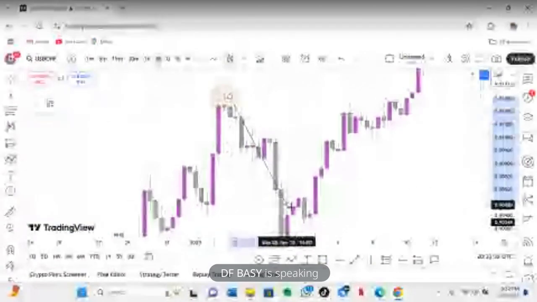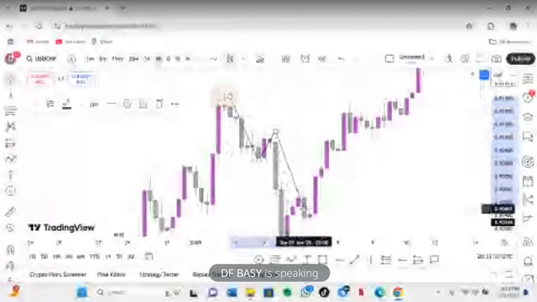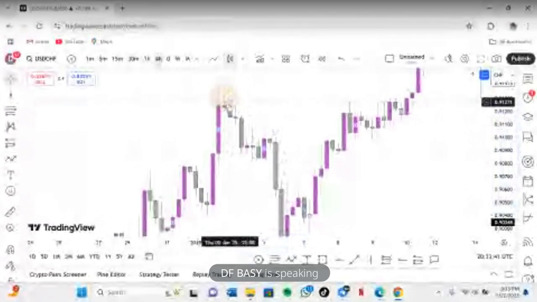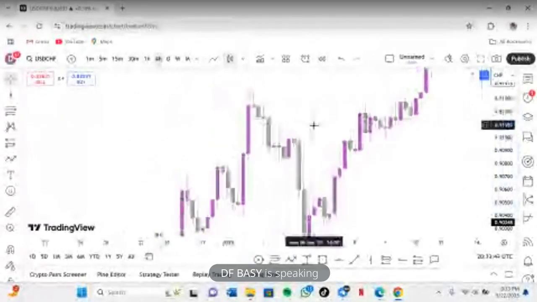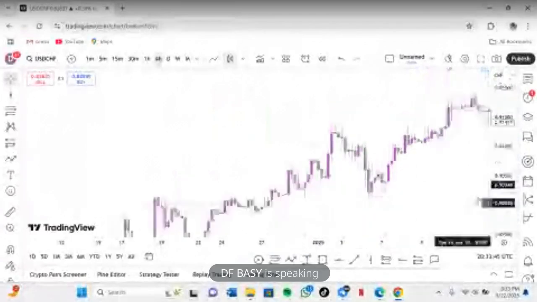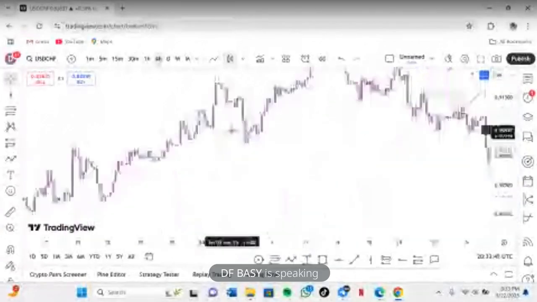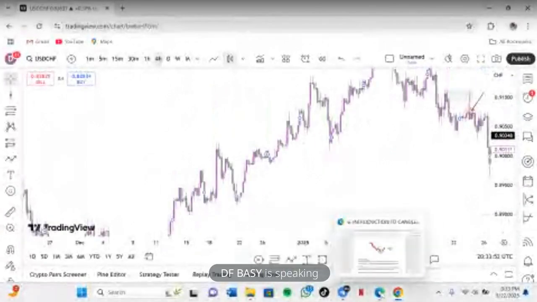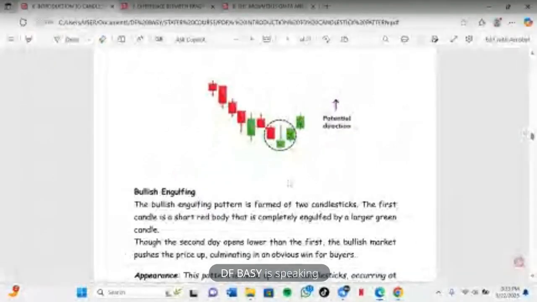The next thing, price started going down, right? So a hammer shows price reversal, market reversal at strategic points, key points, not at every instance, but strategic points.